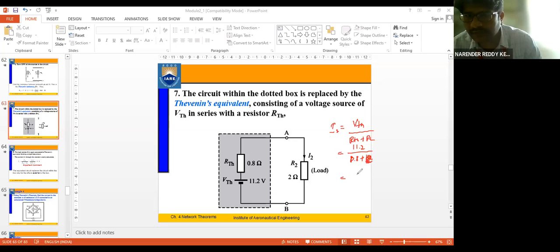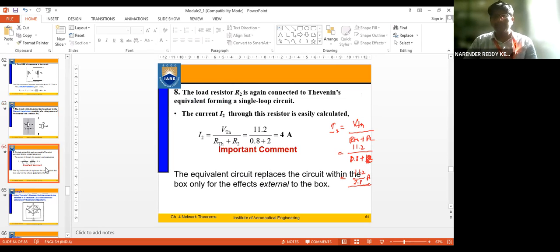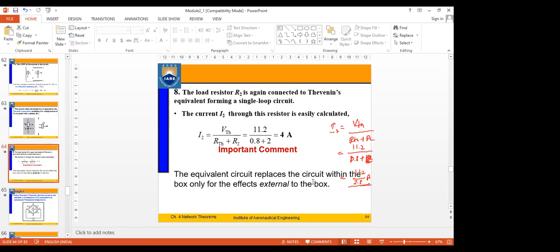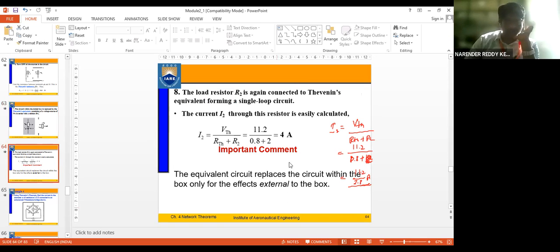So 11.2 by 2.8 amperes. Is the value okay? Yes, sir. 4 amperes. The resultant will be 4 amperes. Is it okay with Thevenin's theorem?